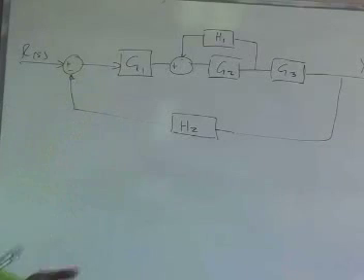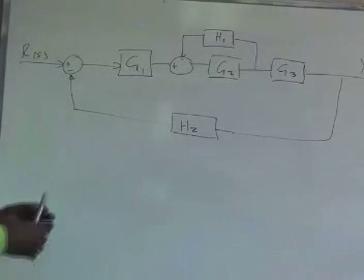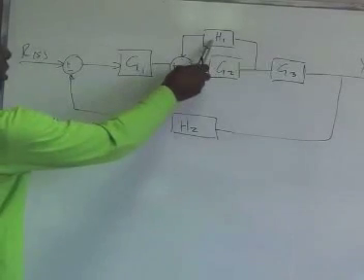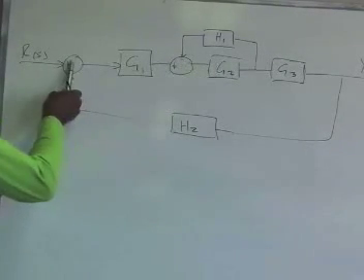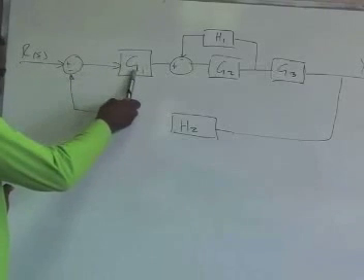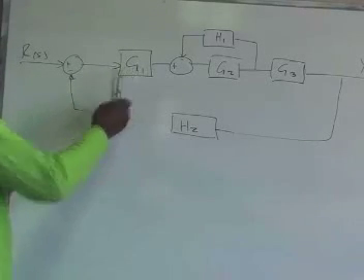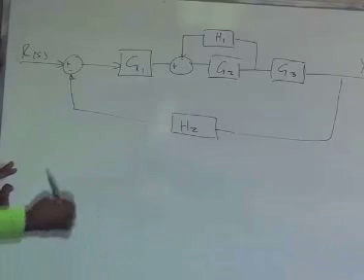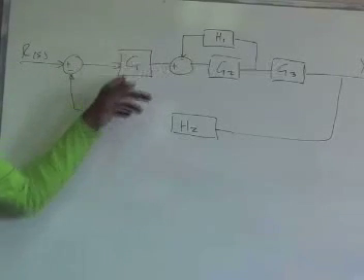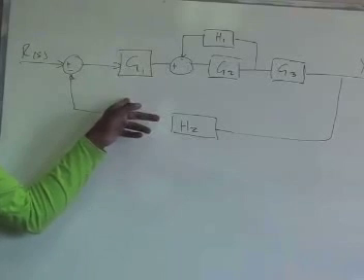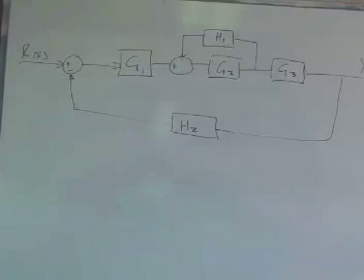I must divide by it. In this position, this signal does not pick G1. If I bring it to this position, now it's picking up G1. How do I compensate for that? I divide by G1, so that the G1 which I picked is removed by the division. Can you see that?